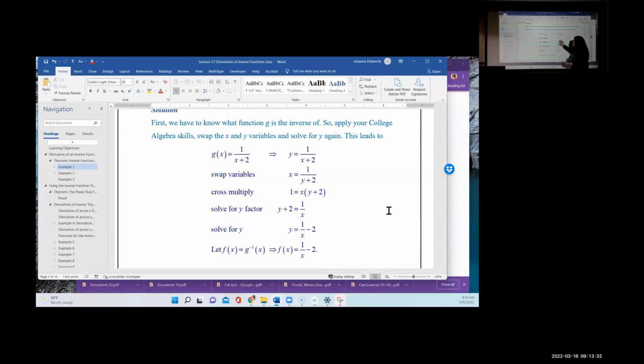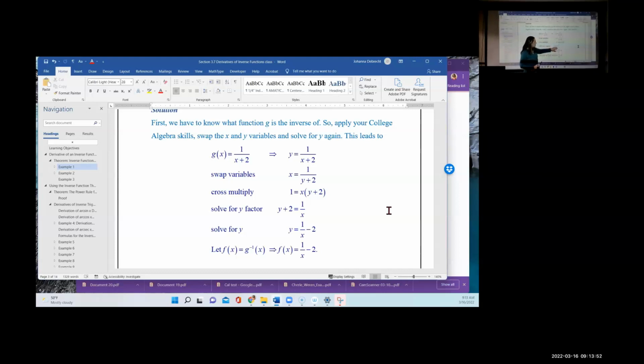So when we solve it for the y variable again, we move the y plus 2 to the left. And so this becomes 1 equals x times quantity y plus 2. Now we're trying to solve it for y and isolate y. So the easiest thing to do next is simply to divide both sides by x.